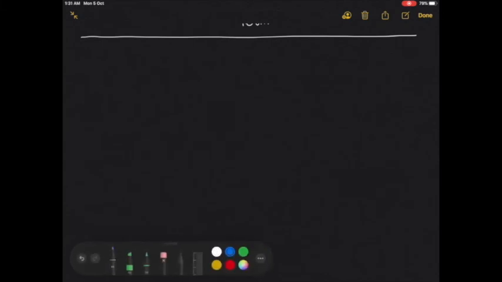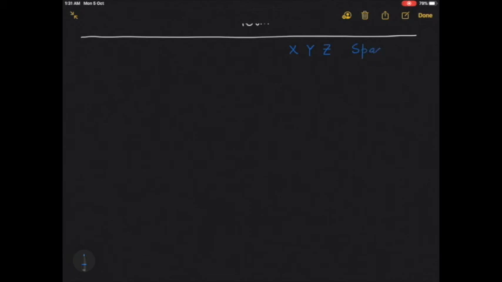Now this drawing that I'm going to do is going to be fairly complicated. So let me first keep a few things here. I will use these coordinates as my space setup axis.